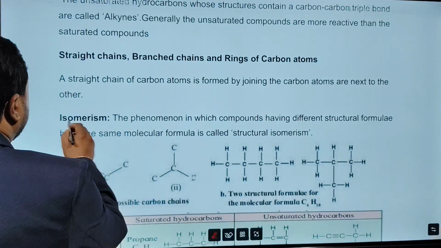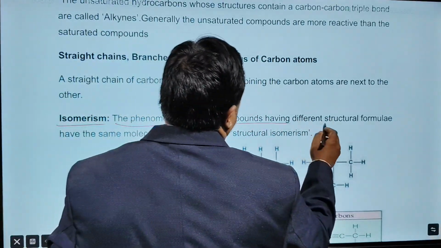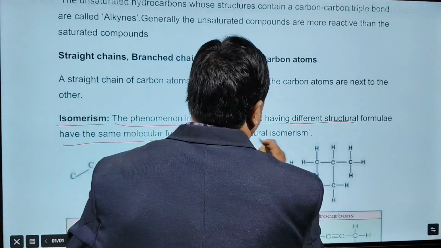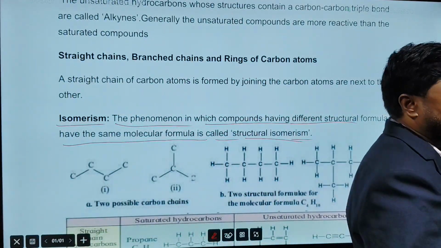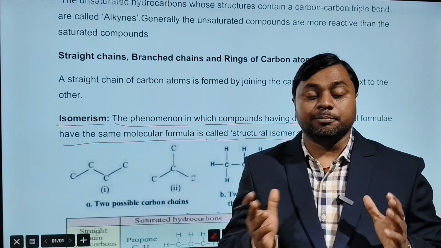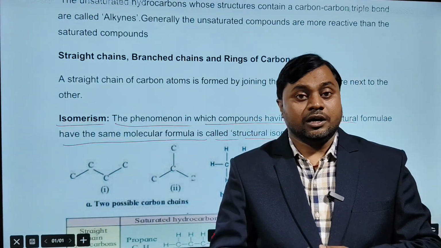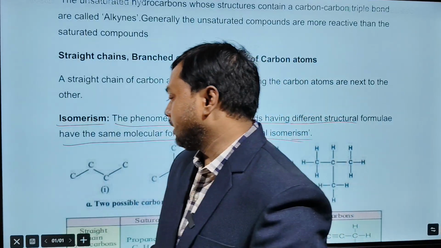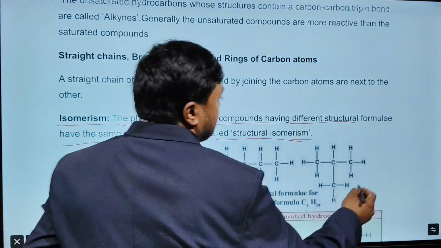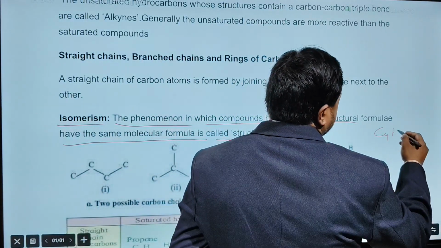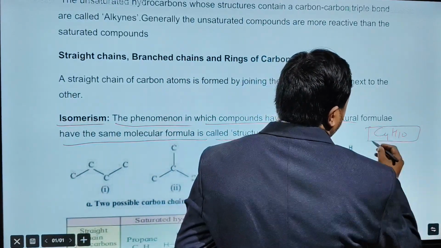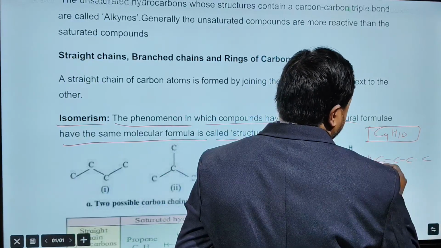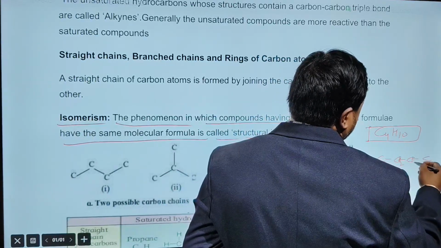Let's talk about isomerism. The phenomenon in which compounds have different structural formulas but the same molecular formula is called isomerism. Isomers are compounds which have the same molecular formula but different structures, like butane, C4H10. We can write butane with 4 carbons in a straight chain: CH3, CH2, CH2, CH3.